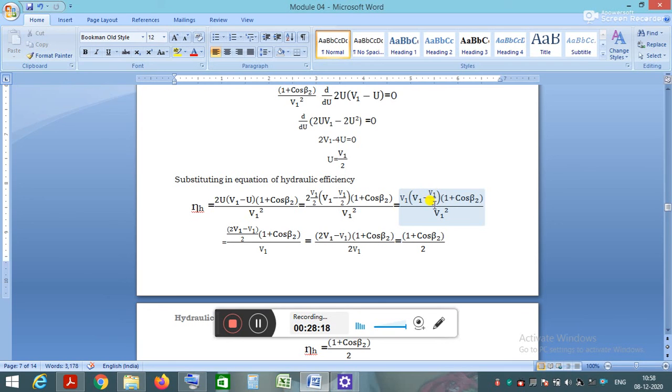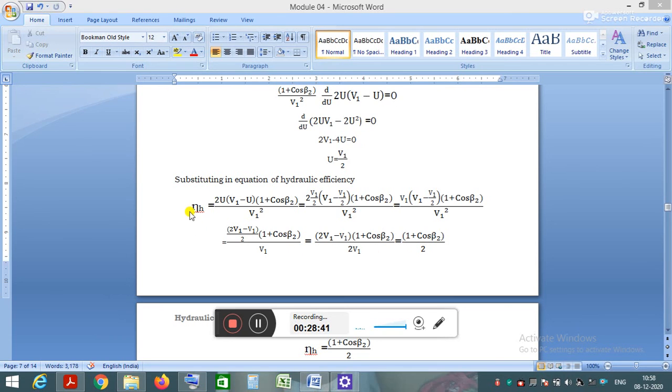V1 minus V1 by 2 is V1 by 2. We will get V1 by 2, V1 into V1 by 2 gives V1 square by 2. V1 square gets cancelled. We are left with (1 plus cos beta 2) by 2.